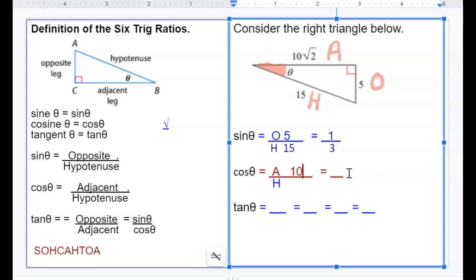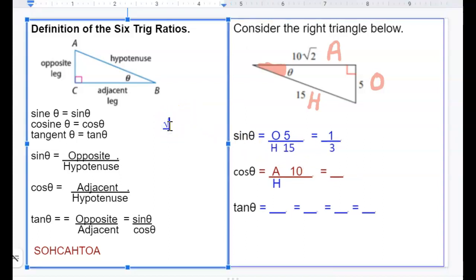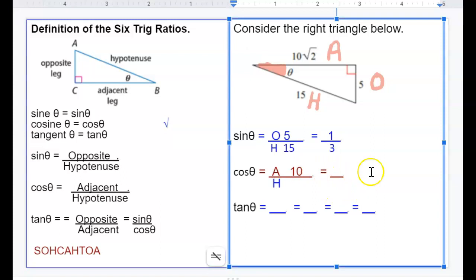So that will be 10 root 2. I already have this square root here, or you go and take Insert to put the square root. So I'll just copy that and paste it over here. Remember, to copy is Control C, to paste, Control V. 10 root 2.